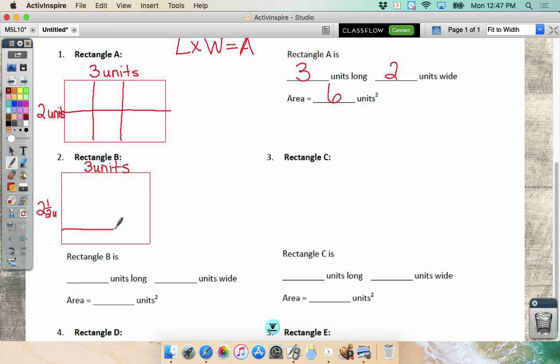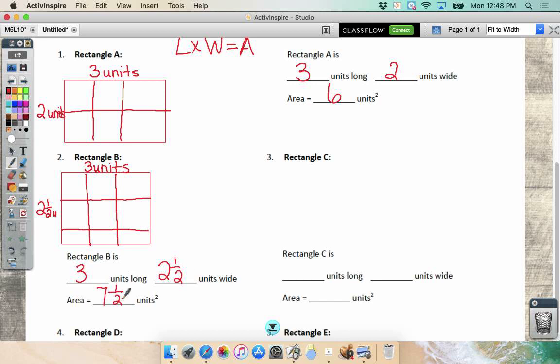So we got something that looks kind of like that. I'm close anyway, right? And we said this was 3 units by 2.5 units. Does anyone remember what the total area was? 7.5 square units.